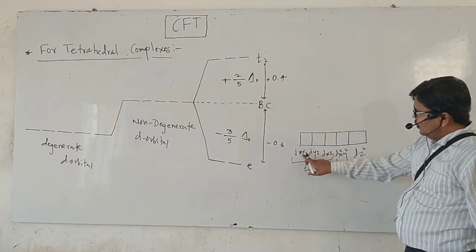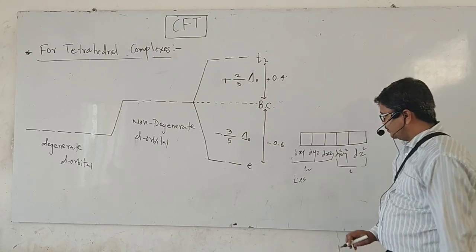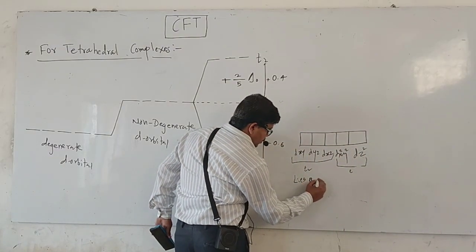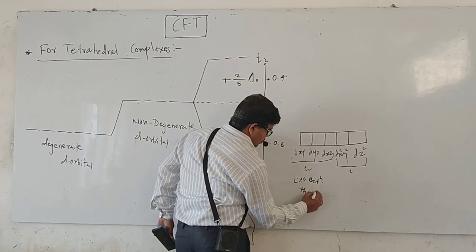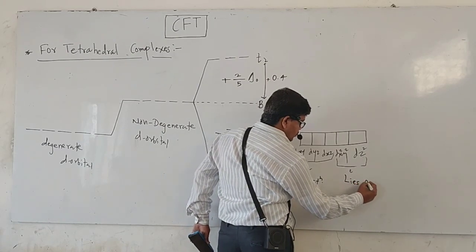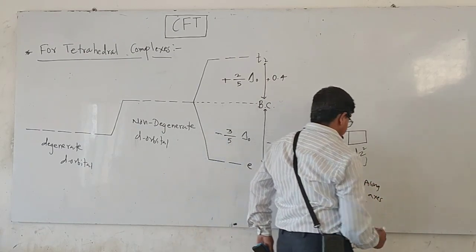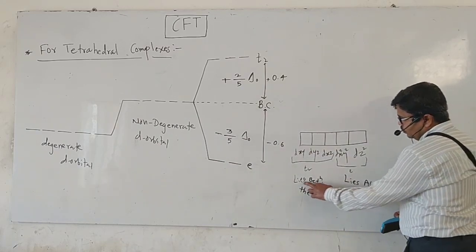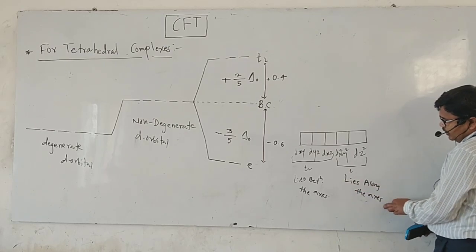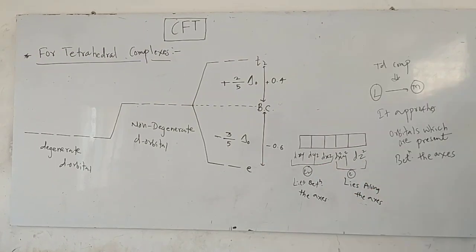Okay. Now, these 3 orbitals lie between the axes, and these 2 orbitals lie along the axes. T2 lies between the axes, E lies along the axes.